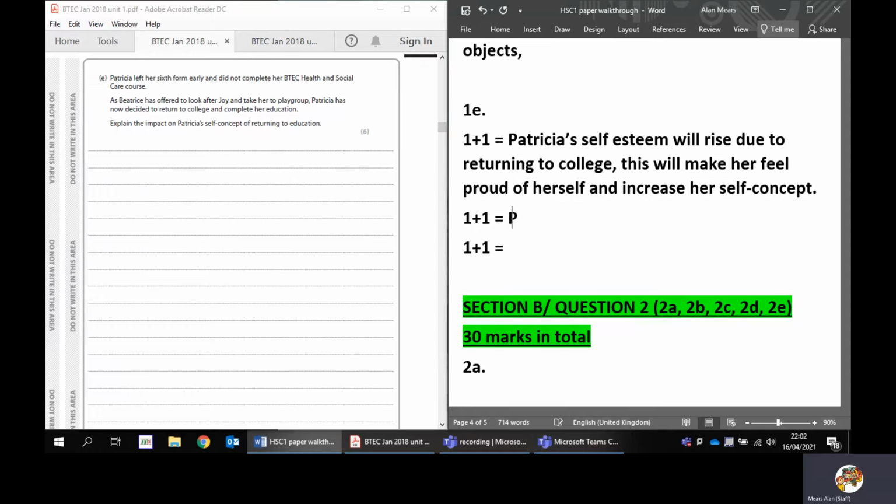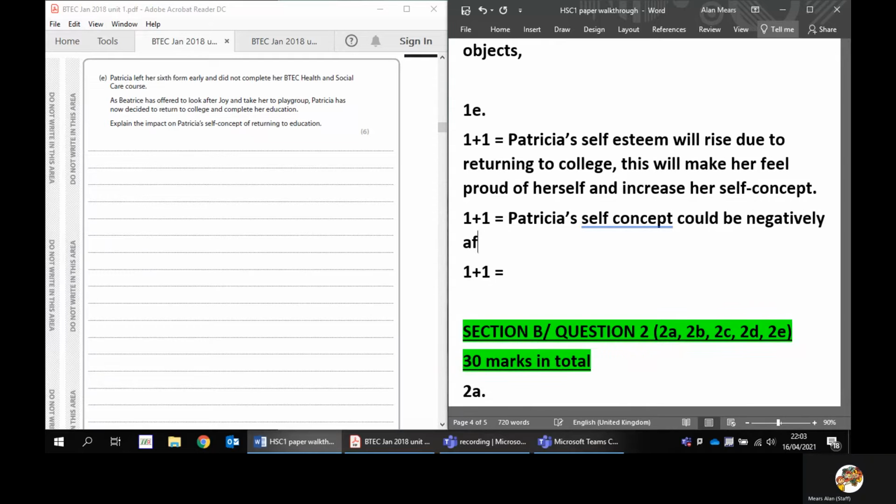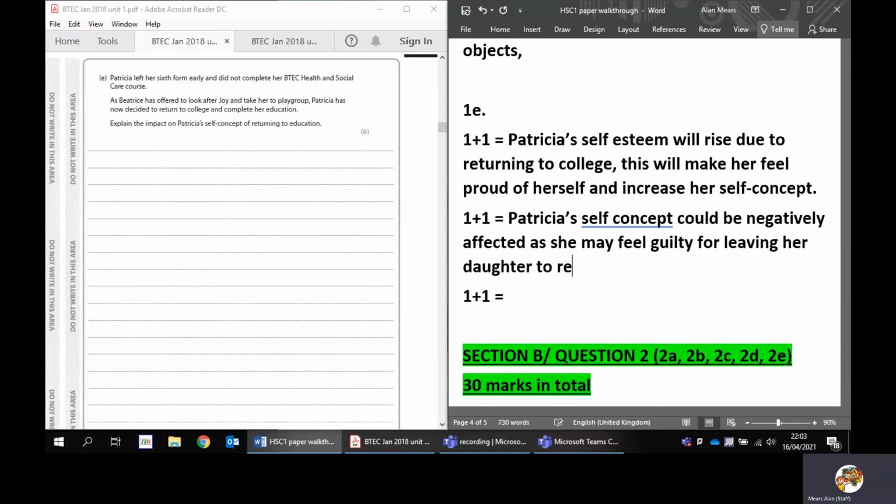So we could say Patricia's self-concept could be negatively affected as she may feel guilty for leaving her daughter to return to college.